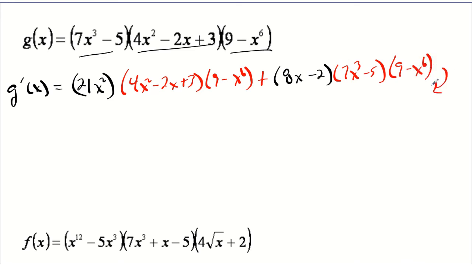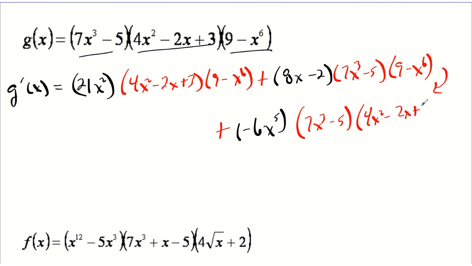I'm running out of room, so I'm going to go down here. And I'll put plus. And now I differentiate this one, which would just be negative 6x fifth. And then I multiply it by the other 2 factors. So the other 2 factors are 7x cubed, take away 5, and 4x squared minus 2x plus 3.